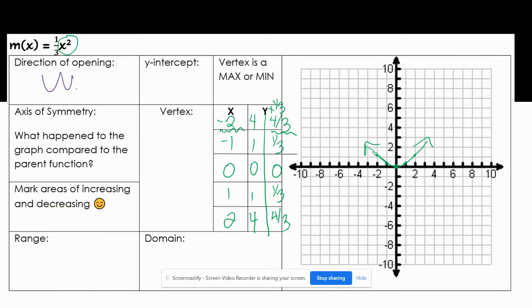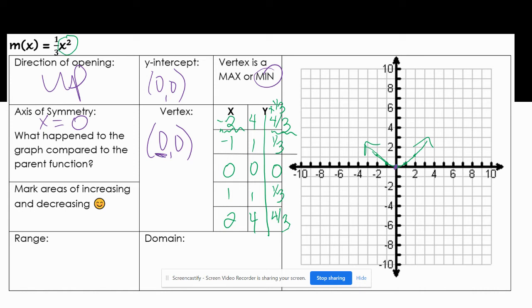Our graph is opening up. Our y-intercept, where it's touching the y-axis, is right down here at 0, 0. That's also our vertex. Our vertex is our lowest point, so that is a minimum. Our axis of symmetry is x equals 0.